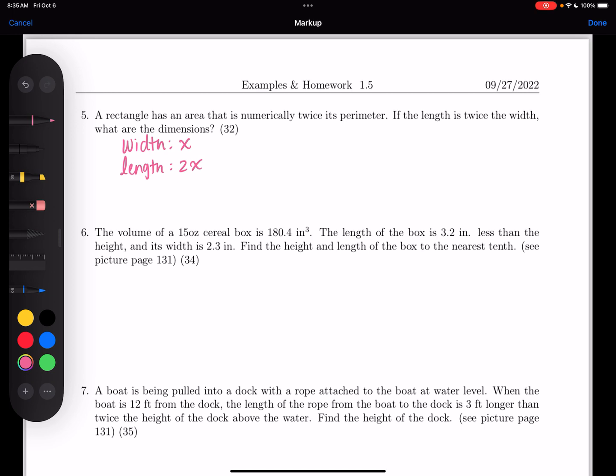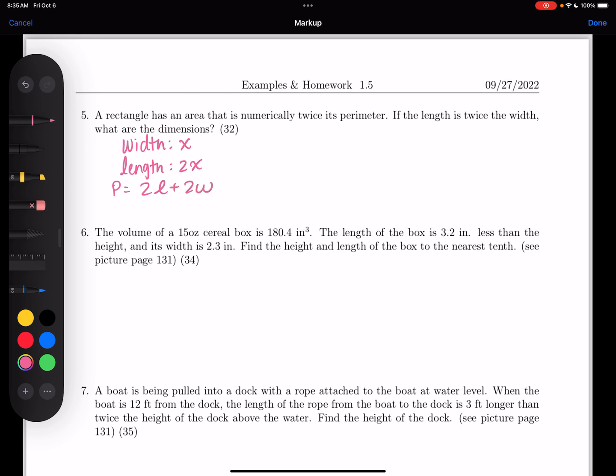Now, what is the formula for perimeter of a rectangle? Or how would I find perimeter of a rectangle? Length squared plus width squared. Not squared. Length plus width squared. Yeah. So it would be 2L plus 2W.